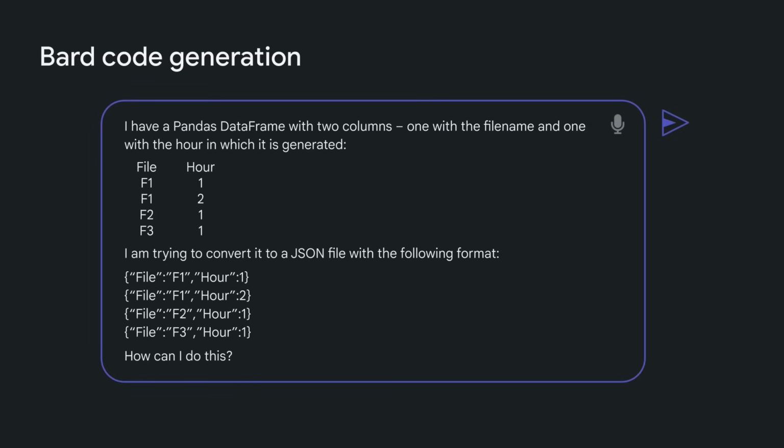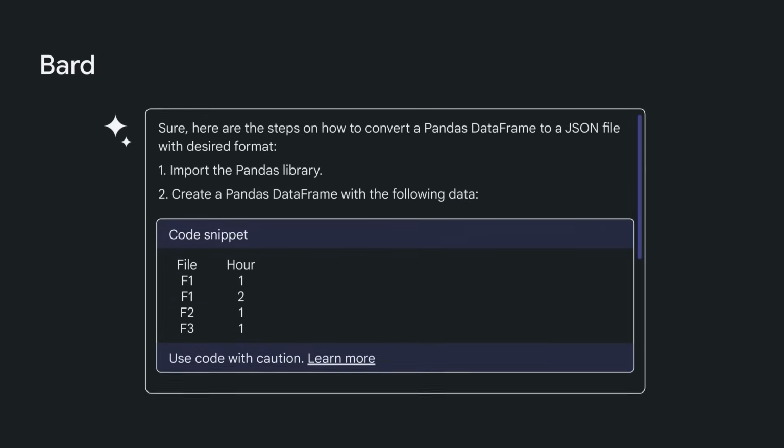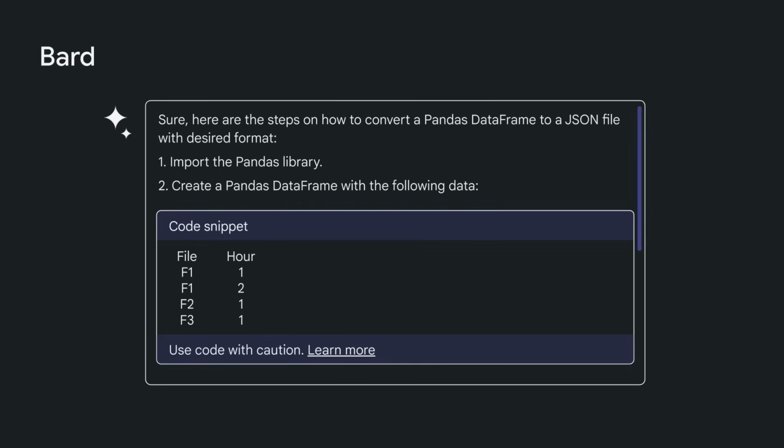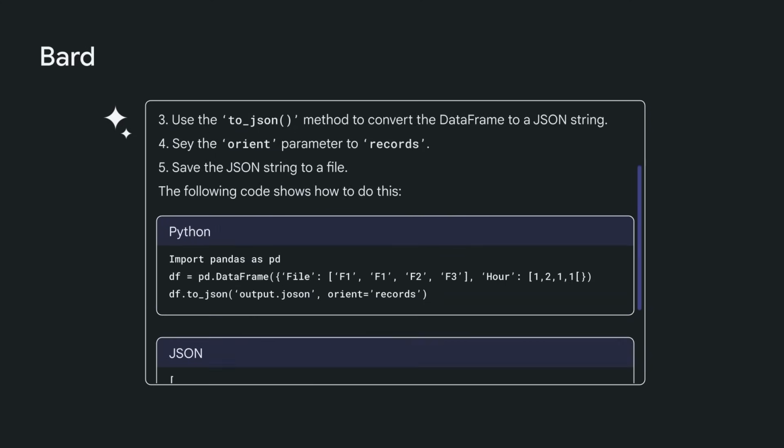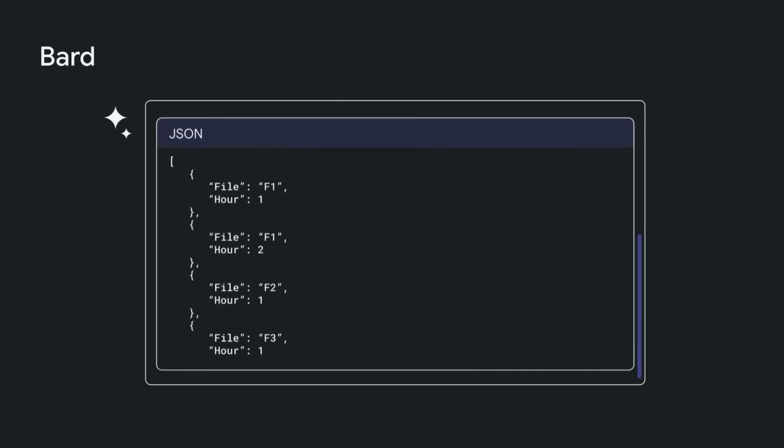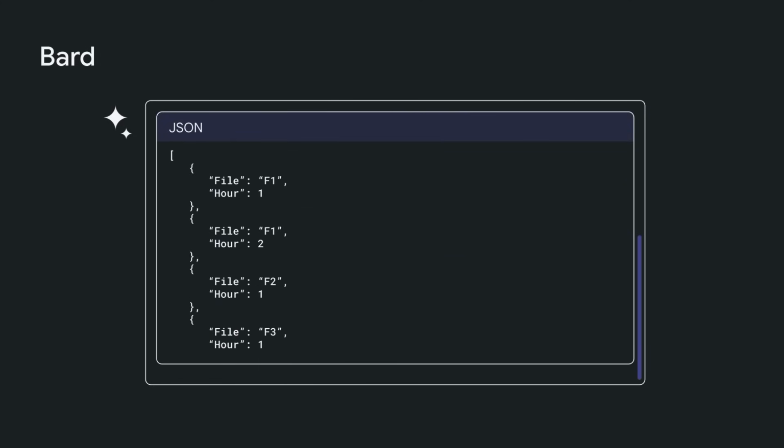I have a pandas data frame with two columns, one with the file name and one with the hour in which it is generated. I'm trying to convert this into a JSON file in the format shown on screen. BARD returns the steps I need to do this and the code snippet. And here, my output is in a JSON format.